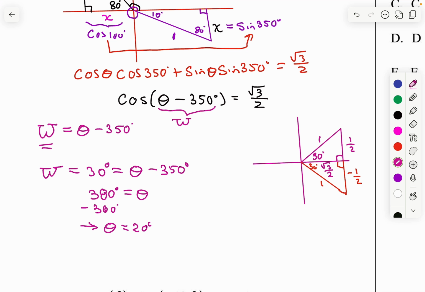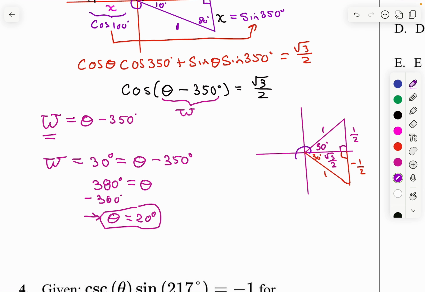So that's one answer. They said there were two. The second one is going to come from this quadrant. Why don't we use negative 30 in this diagram? That'll be fine because we're putting it in for W. So W could be negative 30 as well. If it's negative 30, that would be theta minus 350 from our identity above.